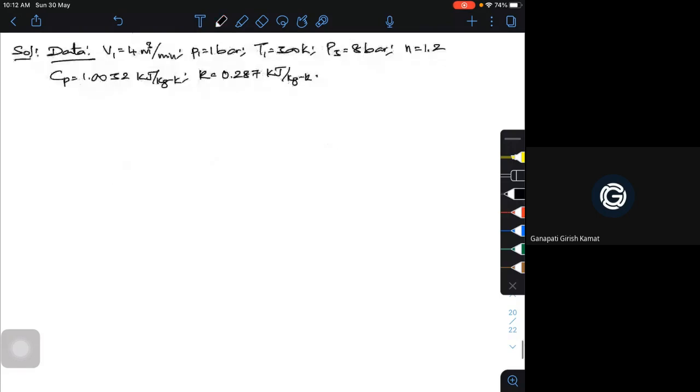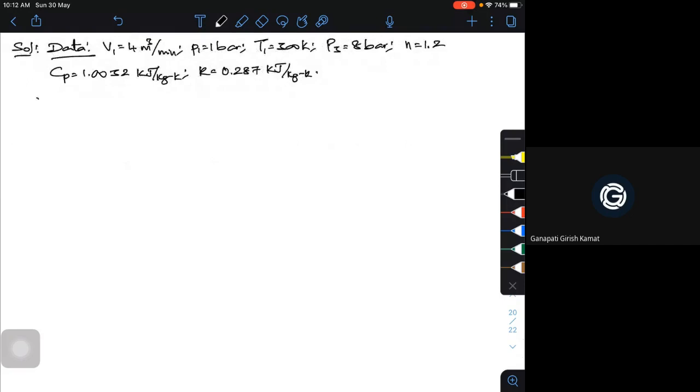So first case, case 1: multi-stage with intercooling, with a perfect intercooling. So what will be the PV diagram for this?